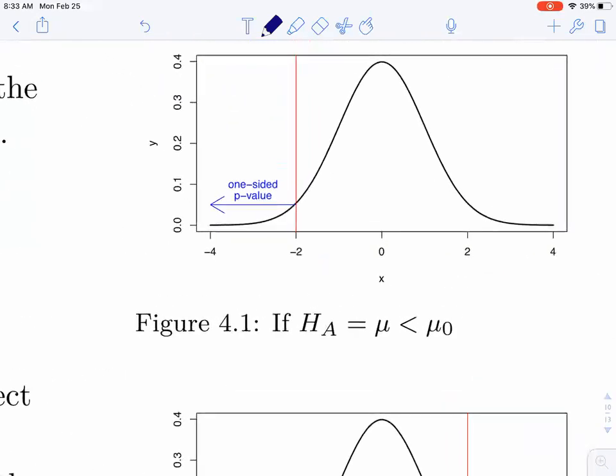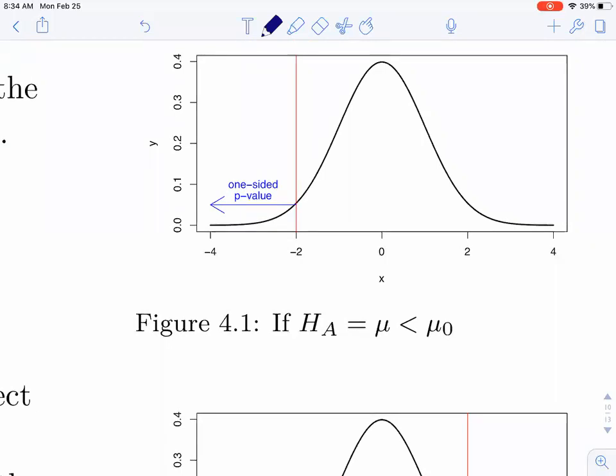Okay. So your one-sided p-value, say you have an x. So you found a value, right? Here's your hypothesized mean. Here's your value that you found, your sample mean. It's 2 standard deviations below the hypothesized mean, right? Then here, this area in the tail is your one-sided p-value.